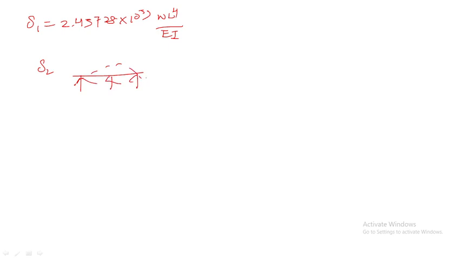What is the delta 2 value? Delta 2 is equal to RB (0.7L)³/48EI.